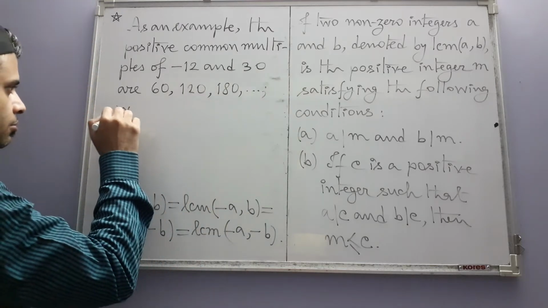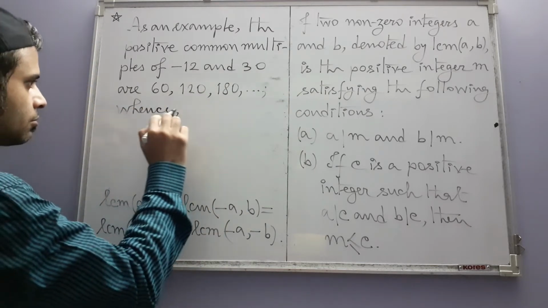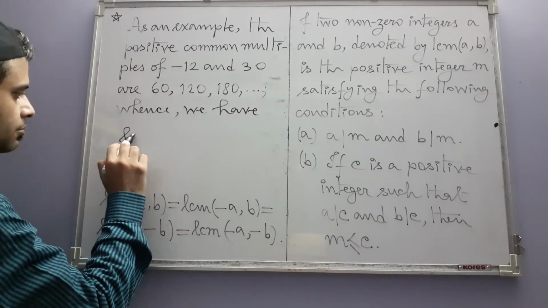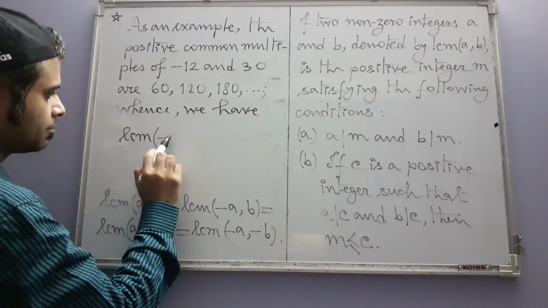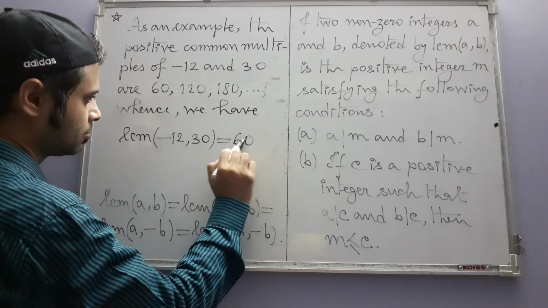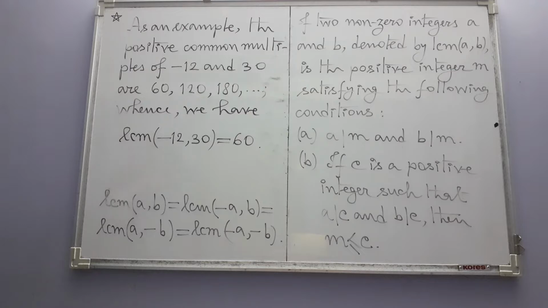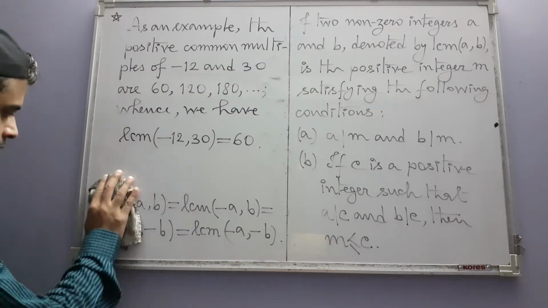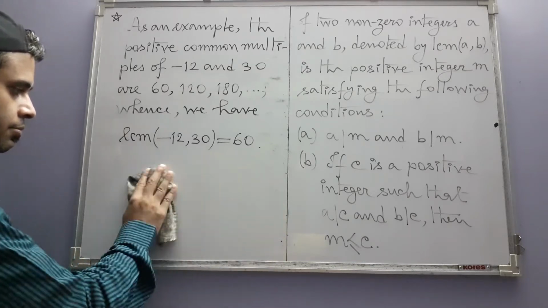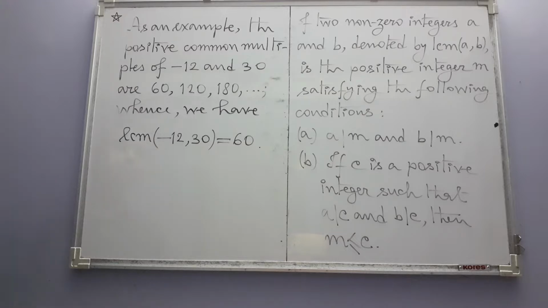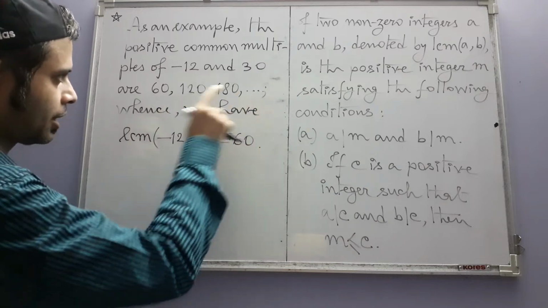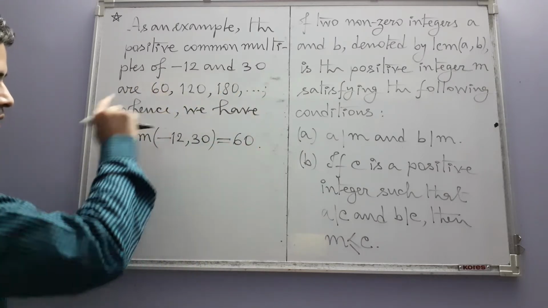Whence we have LCM of minus 12 and 30 equal to 60. This part is left to you. You convince yourself that these are in fact the positive common multiples and the least one is 60.